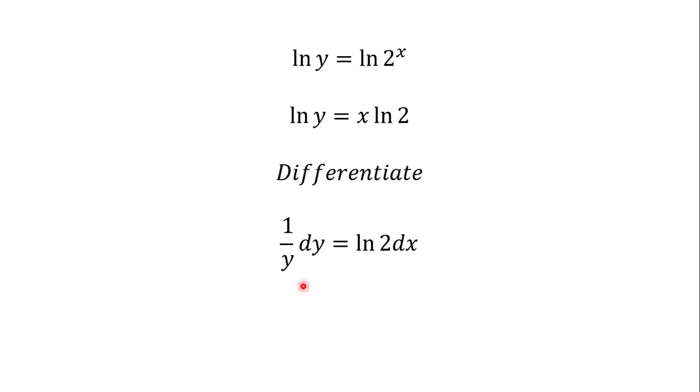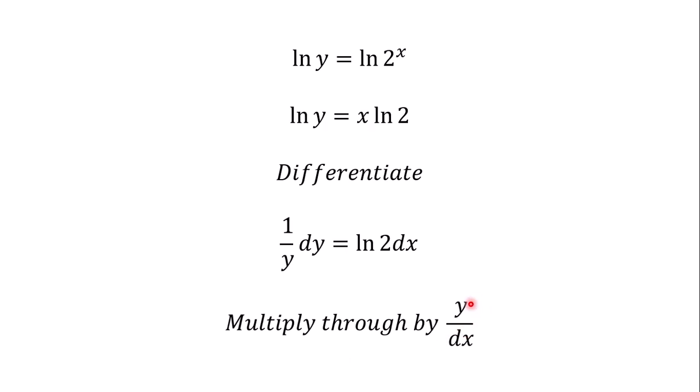Okay, now we need to get dy over dx, but here we are having 1 over y dy is equal to ln 2 dx. So what you are going to do is multiply through by y over dx.